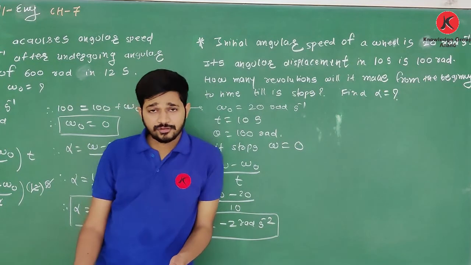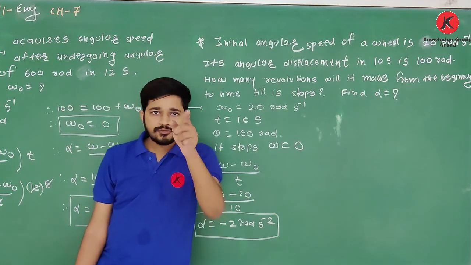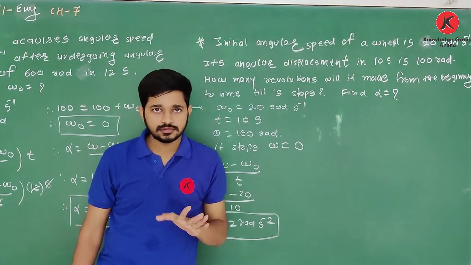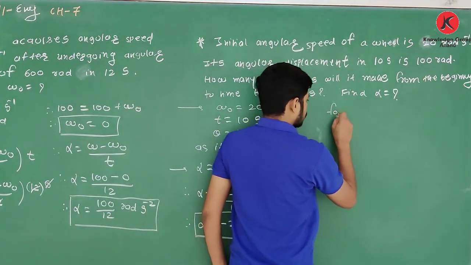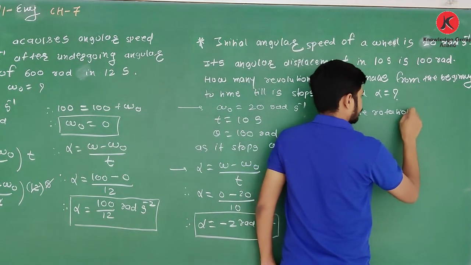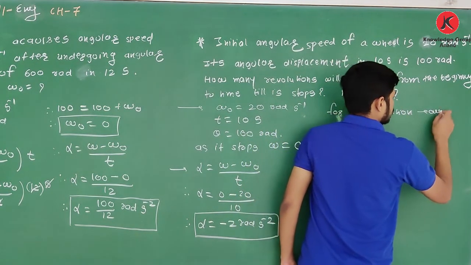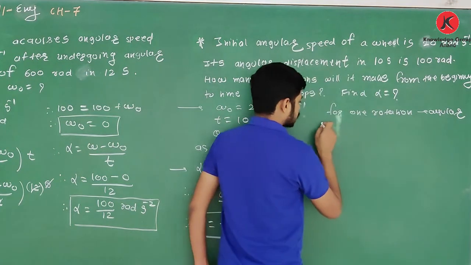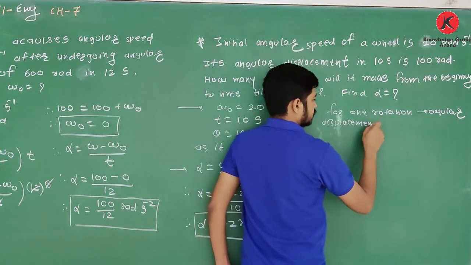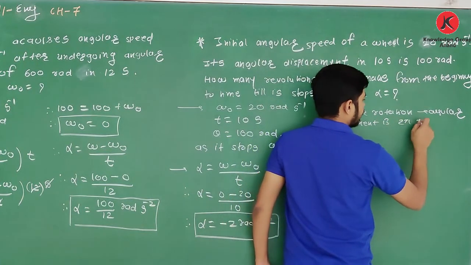In this lecture we have discussed that for one rotation, angular displacement is 2 pi radian.